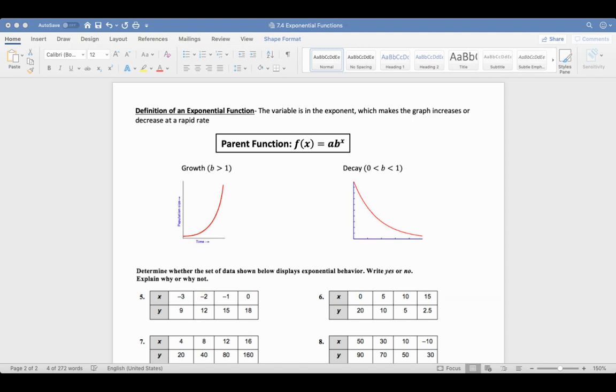This a value, this number out front right here, this is the initial amount, or how much is there when x is 0.